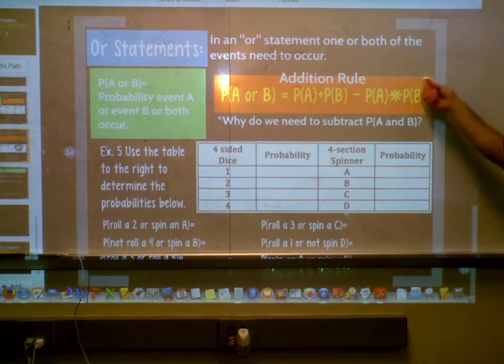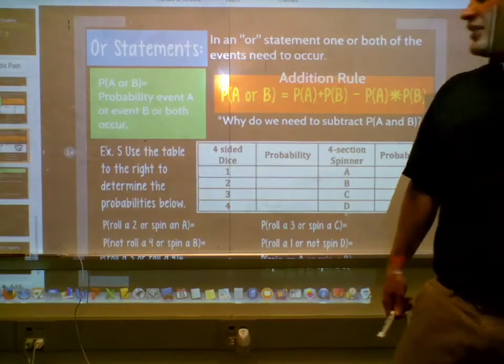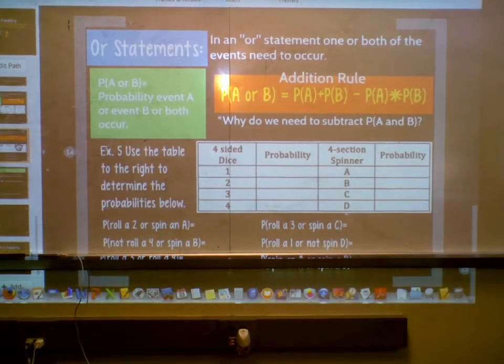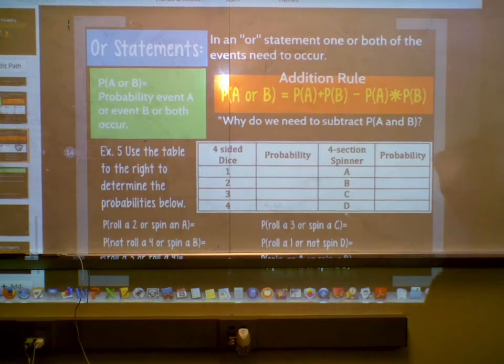In an or statement, probability of A or B means the probability of event A or event B or both occur. So event A or B or both. We'll talk about rolling a 2 and spinning A here in a second to clarify.